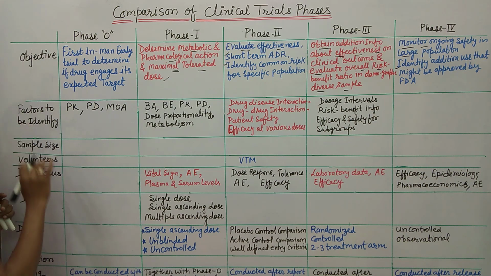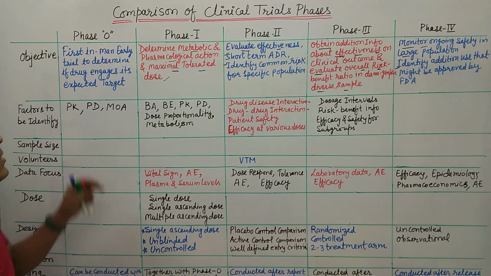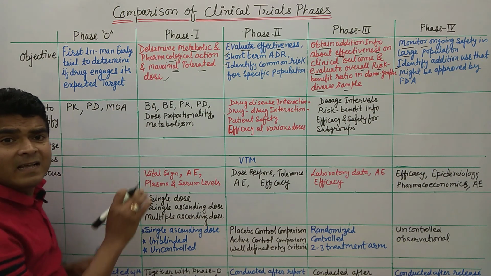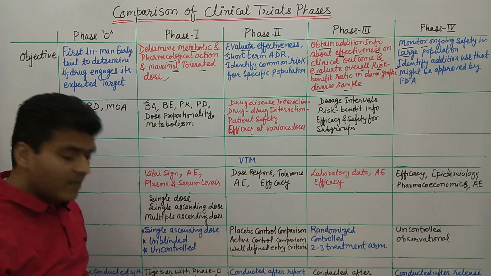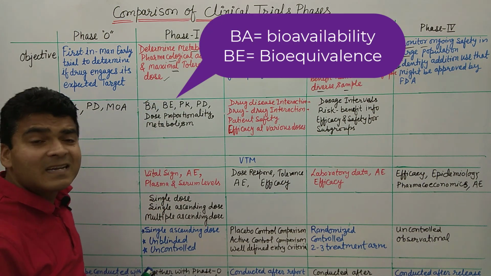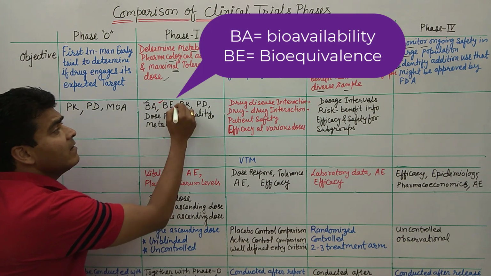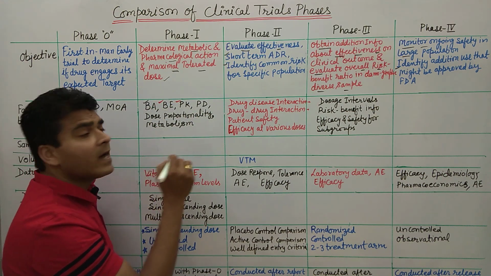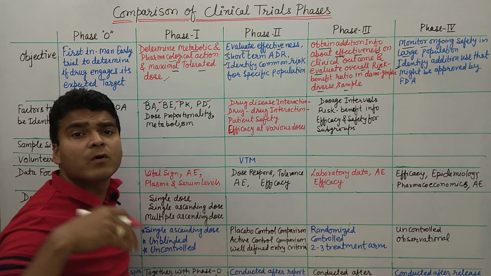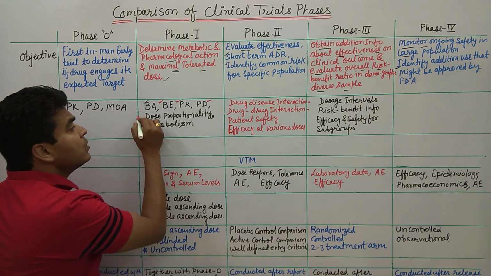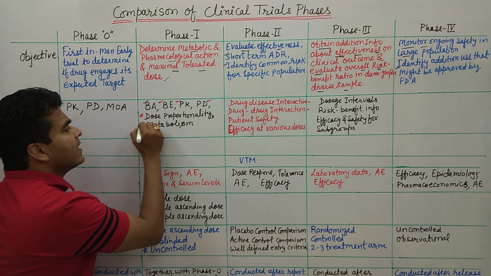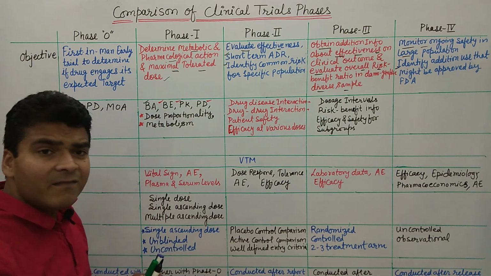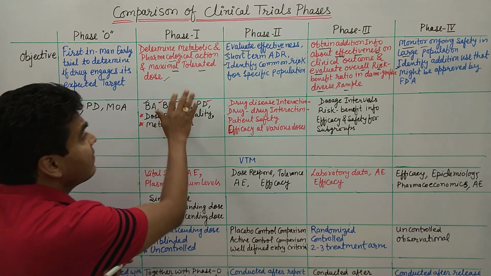If we are talking about the phase 1 trial, then we are able to identify bioavailability as well as bioequivalence data. Then PK data, PD data meaning pharmacodynamic data, dose proportionality data and metabolism data. Clear? So all these data we are able to identify in phase 1.